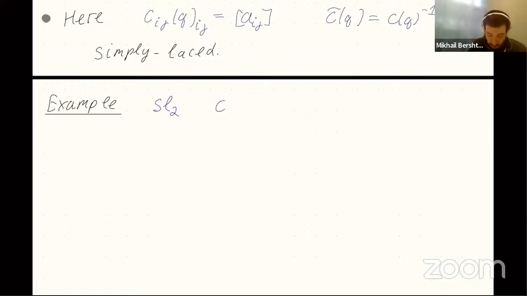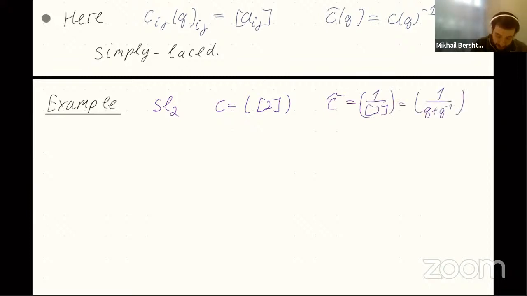Then C is a matrix where we have just one number 2, and C tilde is a matrix where we have 1/2, or if you want to write this explicitly, this will be 1 over q plus q inverse. Let me skip something and go to SL4.